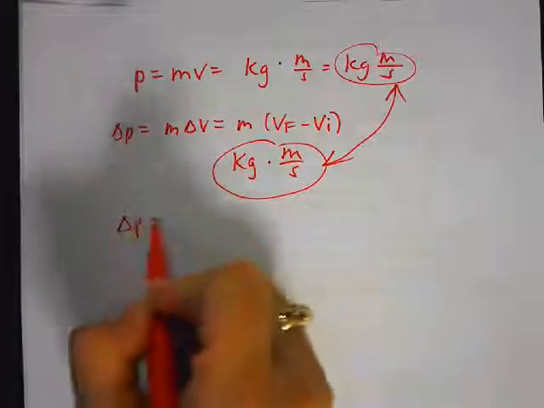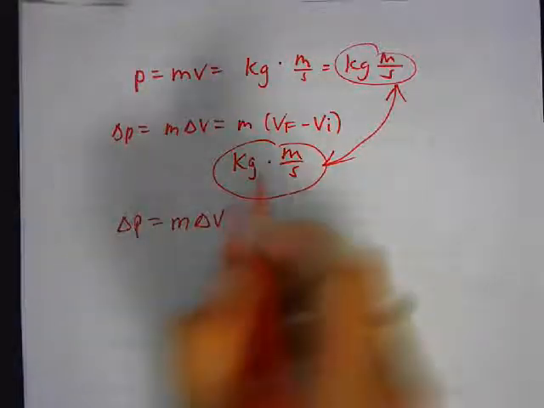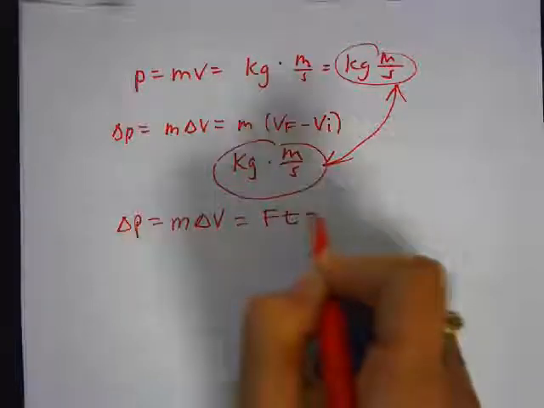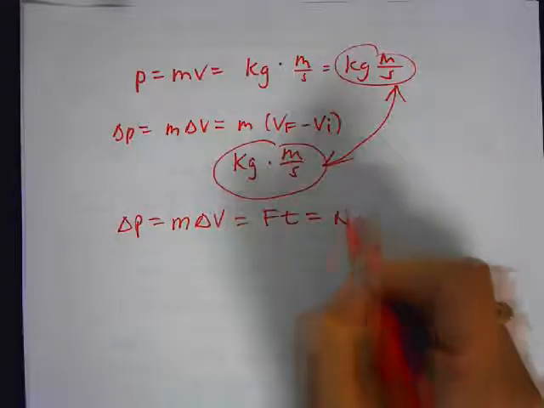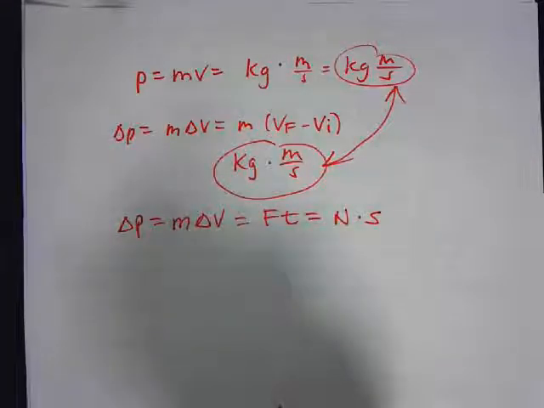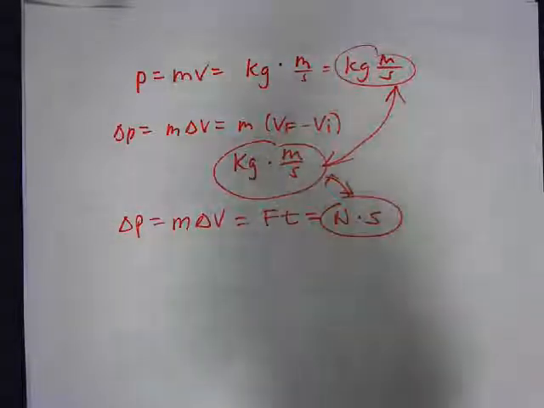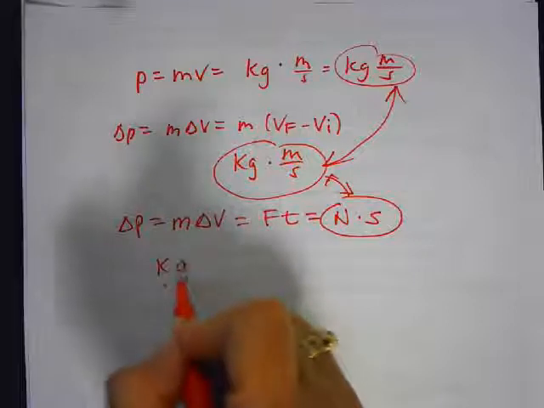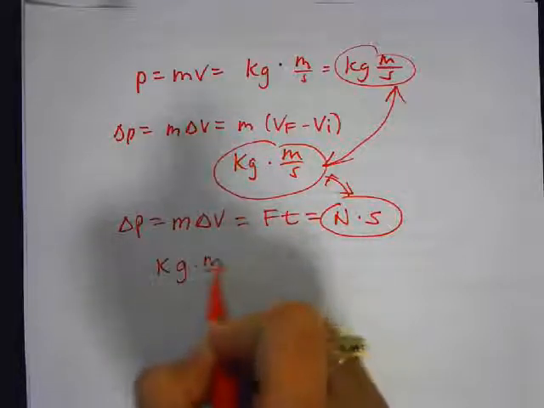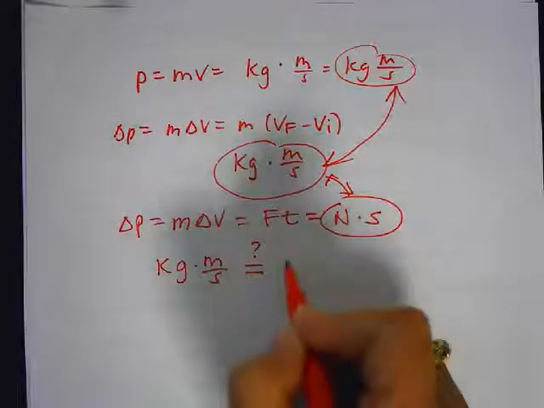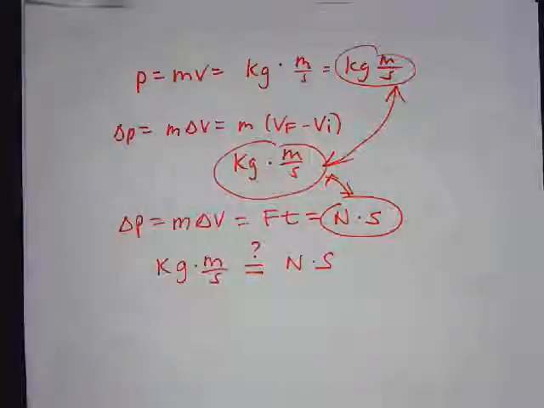We know delta P is m delta v, which is also equal to Ft. So force is measured in newtons, and time is measured in seconds. So how can I have two different things? So let's look at this. I have a kilogram meter per second, and this is supposed to be equal to a newton times a second.